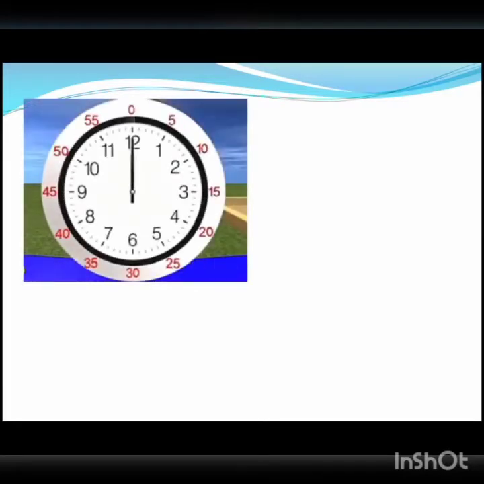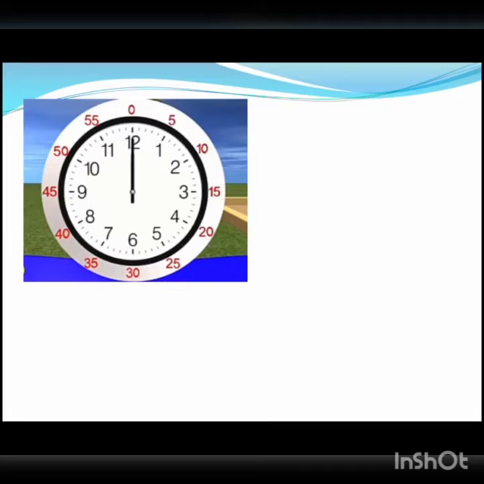Here in this chapter, we will learn to read time of two types. The first one, when the minute hand lies on 12, and the second one, when the minute hand lies on 6. If the hour hand lies on 12 and also the minute hand lies on 12, like this picture, then it is known as 12 o'clock.